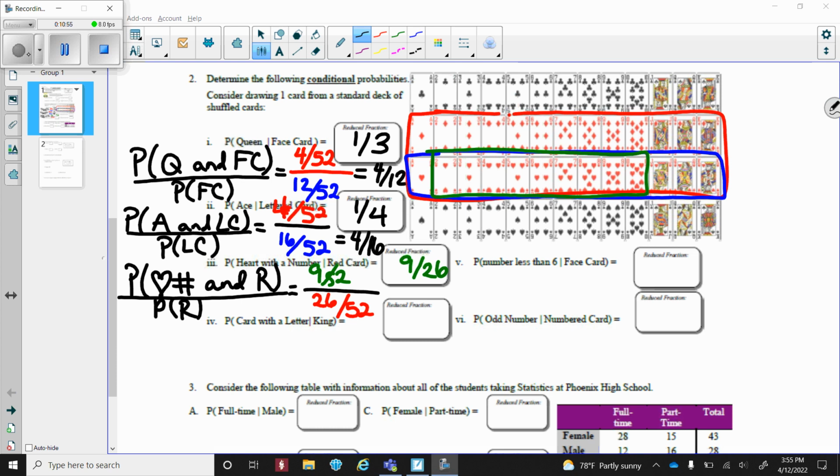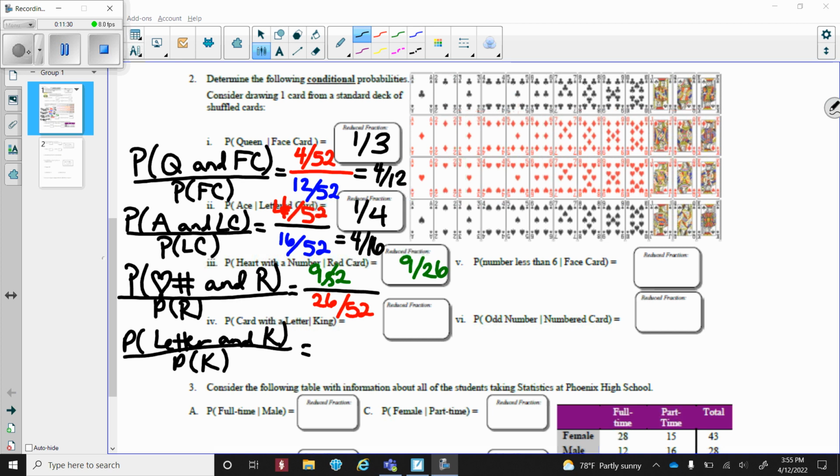So let's look at the fourth problem, the probability that you draw a card with a letter given that it is a king. So when I rewrite this, we have probability that it's a card with a letter and it's a king divided by the probability that it's a king. So I'm trying to figure out how many of my cards are kings.